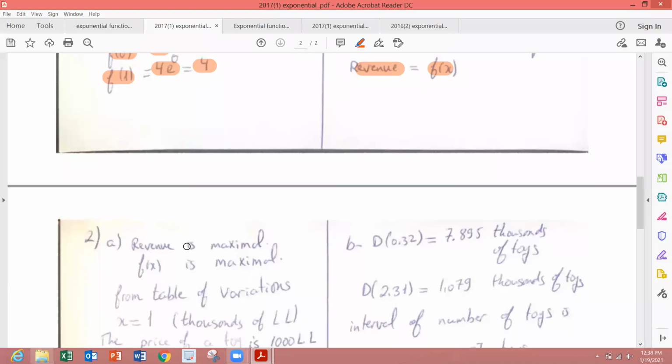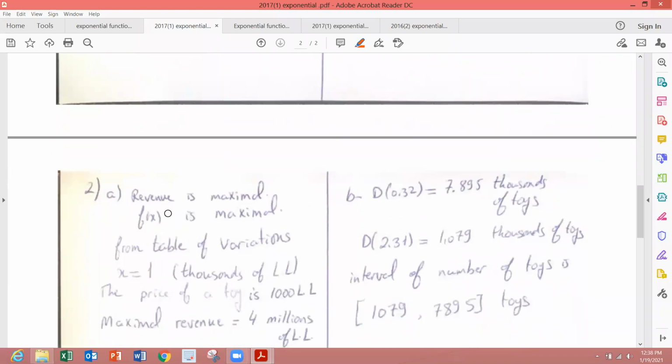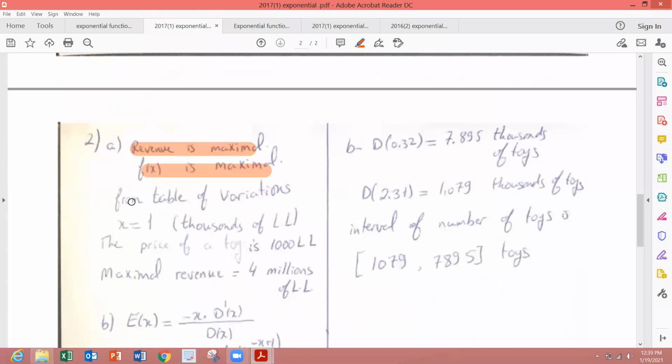Okay, the revenue is maximal, meaning f(x) is maximal. From the table of variations, x equals 1000 Lebanese lira. So the price of a toy is 1000 Lebanese lira.